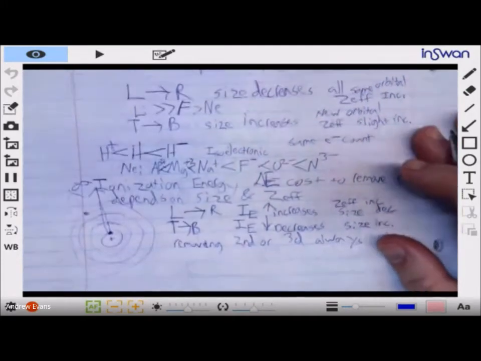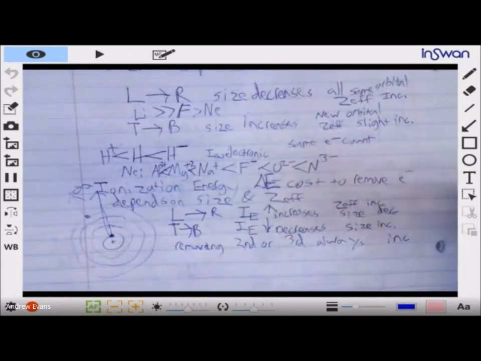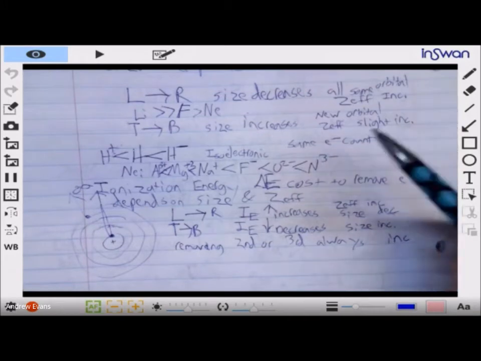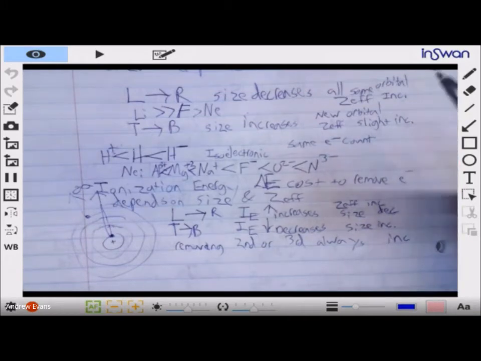If you think about it, when you remove an electron, it becomes positive. What happens to the size? The size gets smaller. What happens to the Z effective? The Z effective gets slightly bigger. So when you remove an electron, size gets smaller, Z effective gets bigger. Both of those things would cause ionization energy to increase.